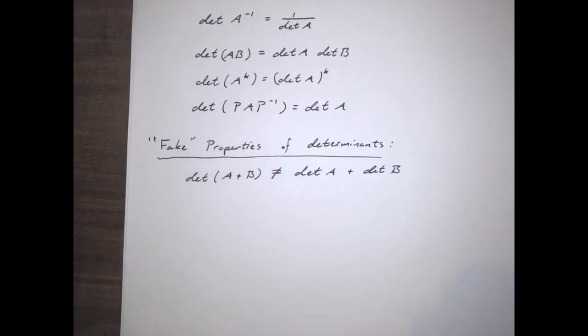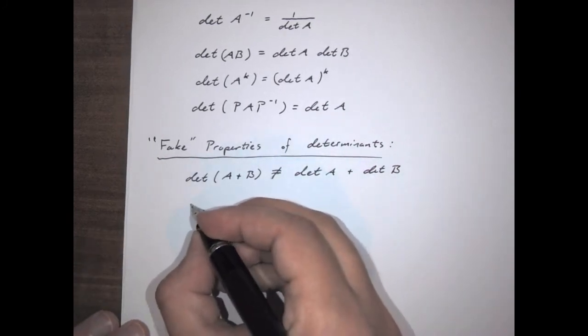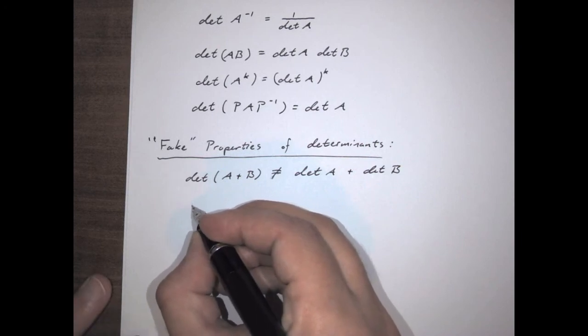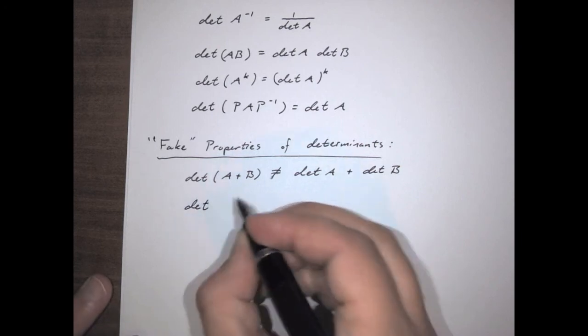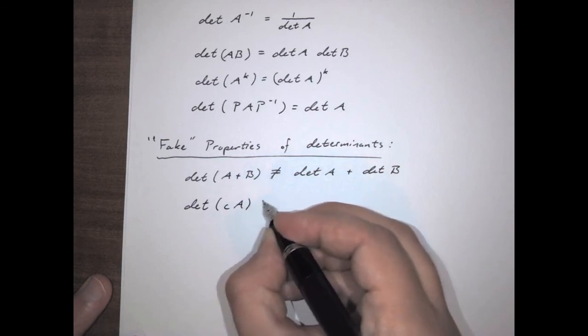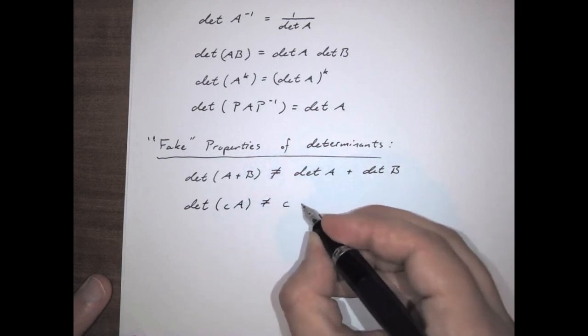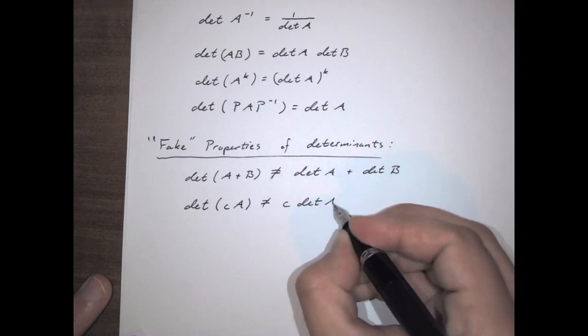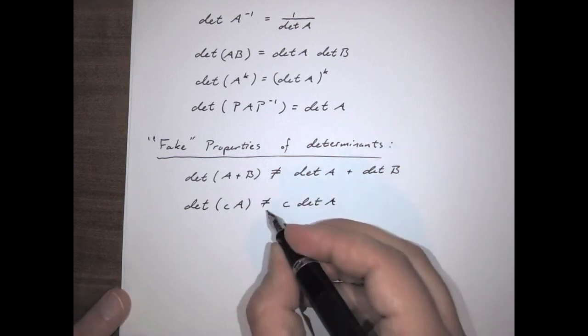So that's an interesting fact. And the other consequence of not being a linear transformation is that the determinant of a scalar multiple of A is not the same thing as C times the determinant of A. There is a true version of this, though.